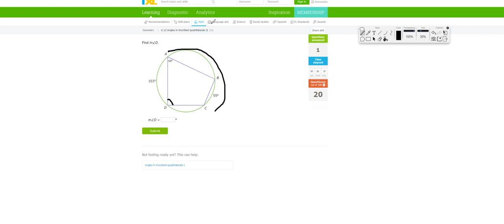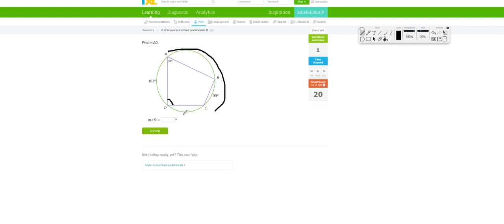This whole arc can give me this angle. Well, what do I have? So far I have 66 degrees that could give me from B all the way to D. It could give me this arc.